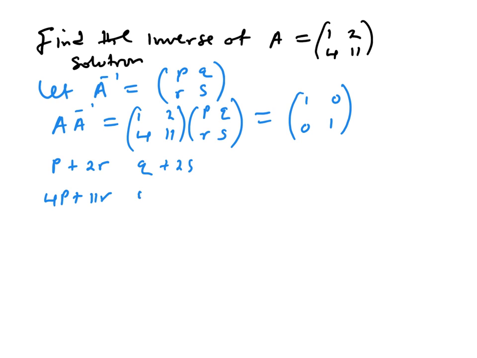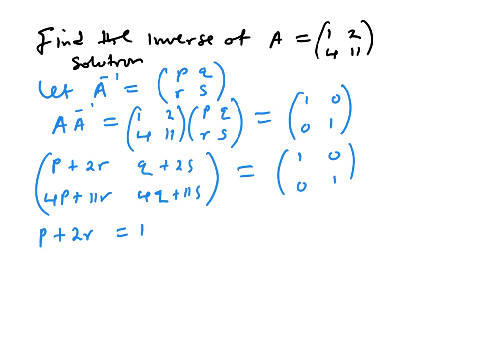Then I have 4Q plus 11S. This should be equal to 1, 0, 0, 1. Okay, so P plus 2R equals 1. And 4P plus 11R is equal to 0.